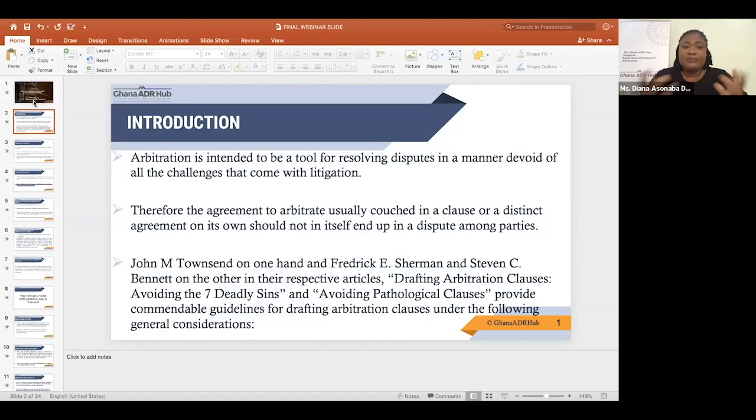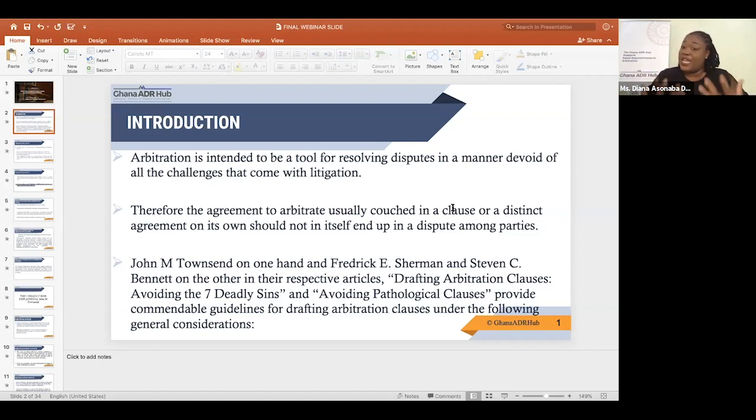By way of introduction, as I explained, arbitration is supposed to be a tool for helping parties to resolve their disputes. So we should try as much as possible to avoid coming up with an arbitration clause which in itself ends up in dispute. Experience has shown that sometimes, because of a defective arbitration clause, parties can fight over the meaning of that clause because it is pathological, and can spend time and money going back and forth in court over the meaning of an arbitral clause.